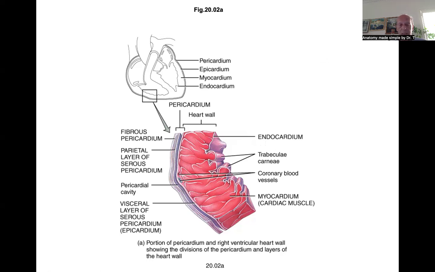So the innermost layer is endocardium, which makes sense as endocardium is actually just a continuation of endothelium that was lining blood vessels, enabling, again, the same type of smooth surface, which doesn't interact with the blood in any negative form.